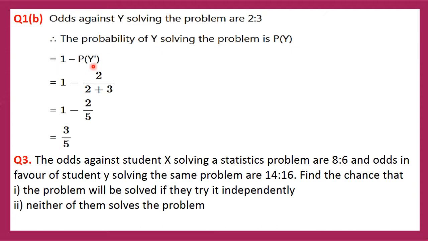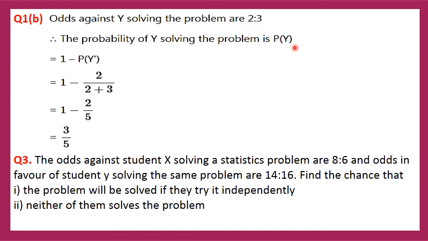That also we can use, or we can use the formula directly: if odds against y is a is to b, then the probability of y solving the problem, P of y, is b by a plus b. B means here the number 3 stands for b. That is 3 by 2 plus 3. So you can use it directly also.